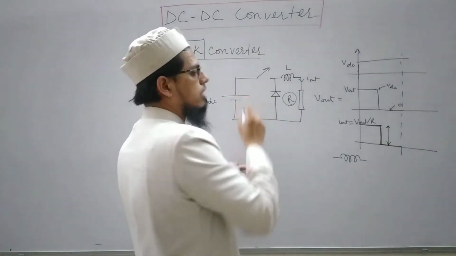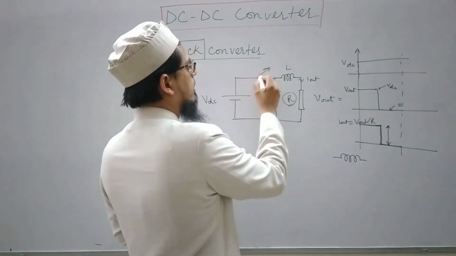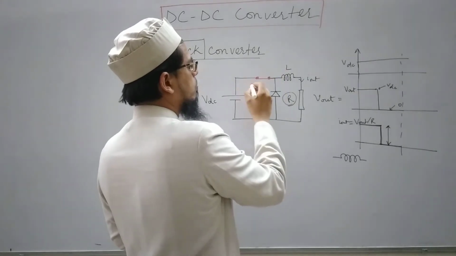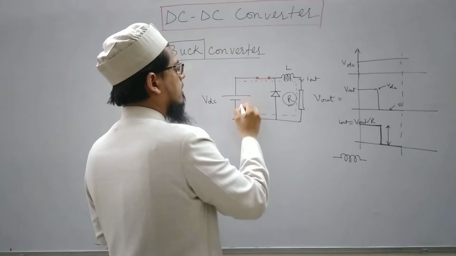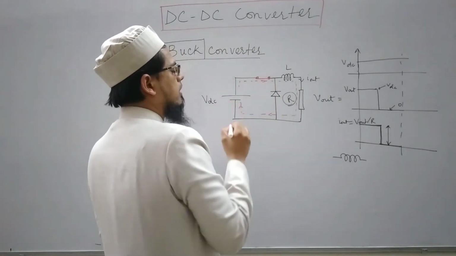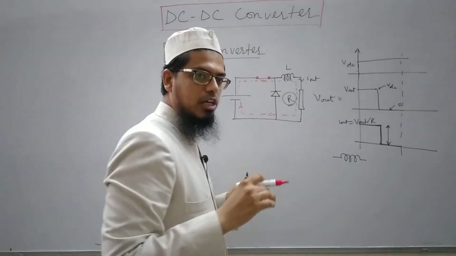Let me draw it with a different color. When this switch was closed and current was flowing like this, this is the direction of flow of current. The inductor was getting charged.